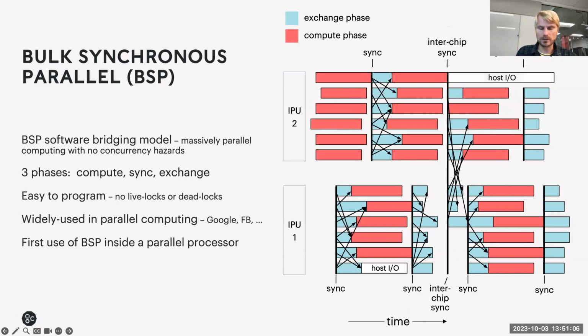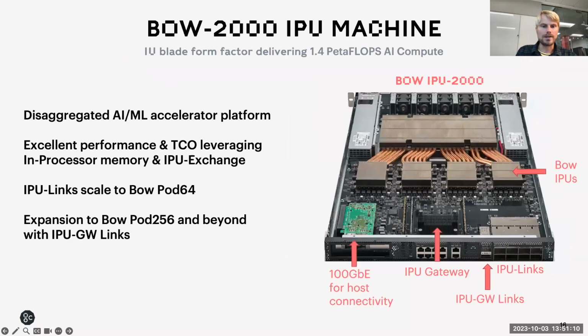On the hardware side, this is what a Bow IPU 2000 machine looks like. And the systems in ACES are built using these machines as building blocks. Each Bow IPU 2000 has 4 IPUs in it, connected together with IPU links.